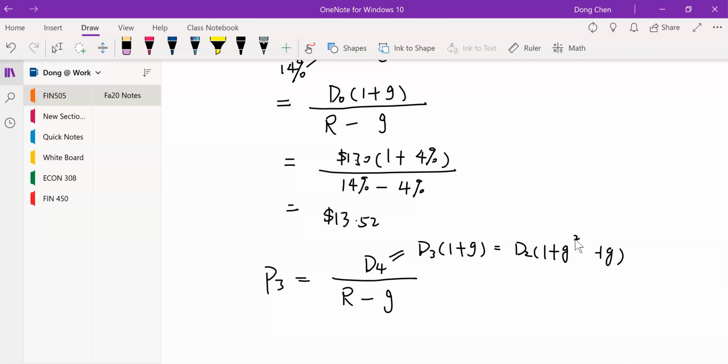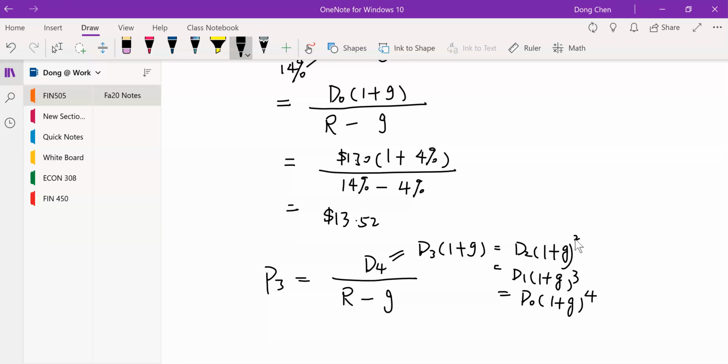And you can imagine if you further continue to substitute D2, that equals D1 times 1 plus g, then you get the cube. And finally, you can get to D0 times 1 plus g to the fourth power, right?